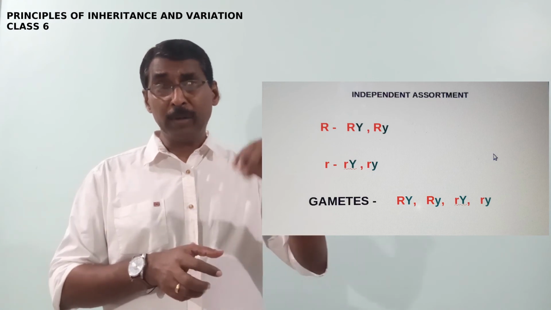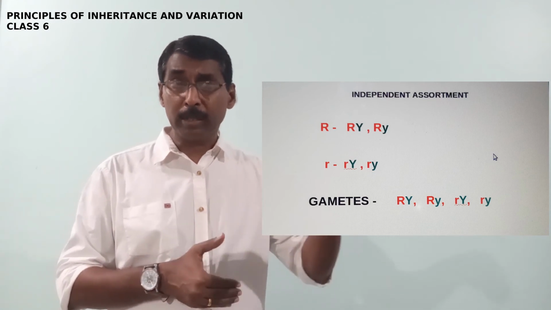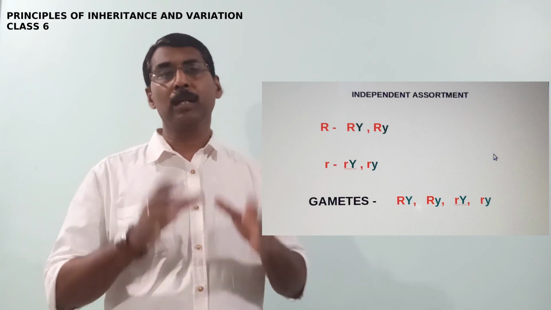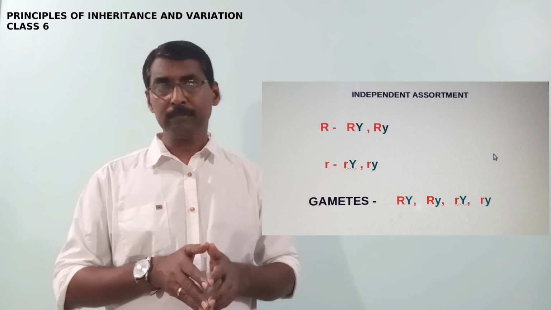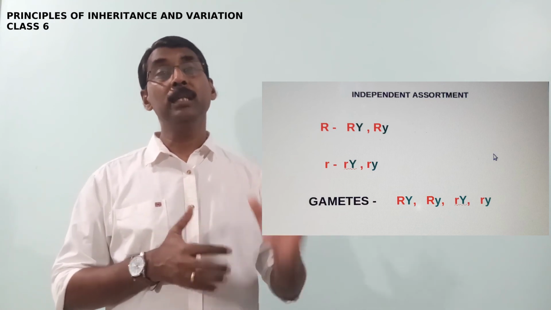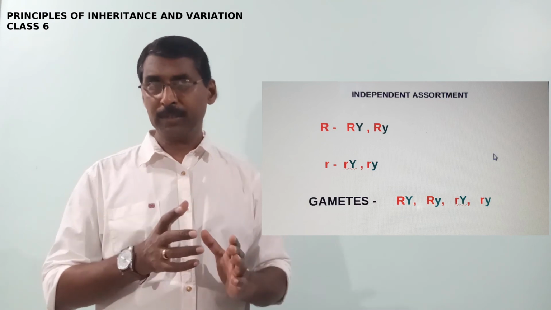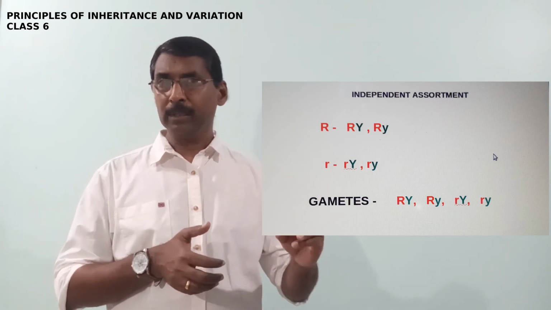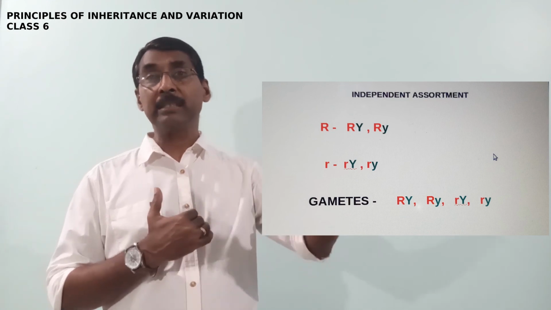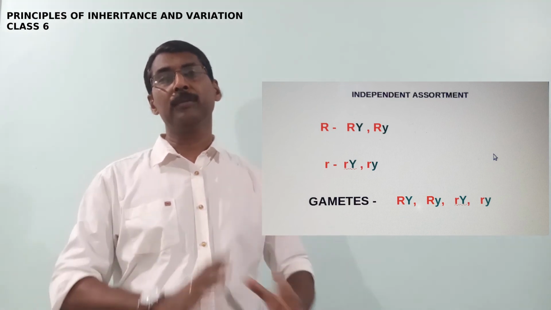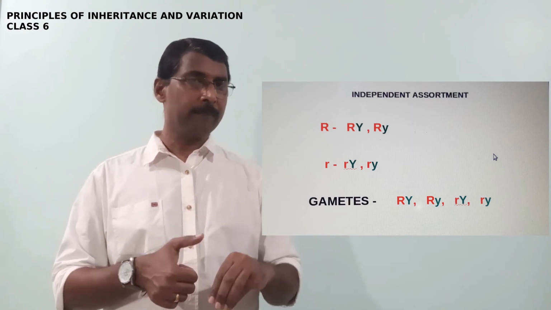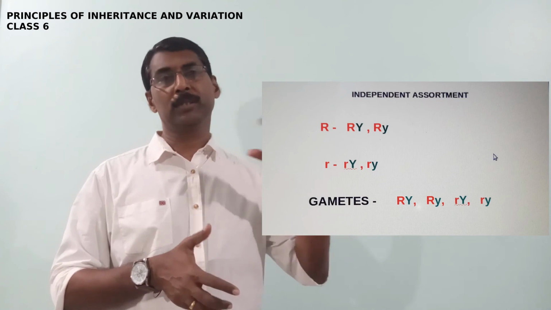These 4 different gametes are formed, according to Gregor Mendel, due to the process of independent assortment. After the alleles are segregated, they assort independently. That means they go along with the alleles of the other character independently, freely. So we get 4 different gametes.